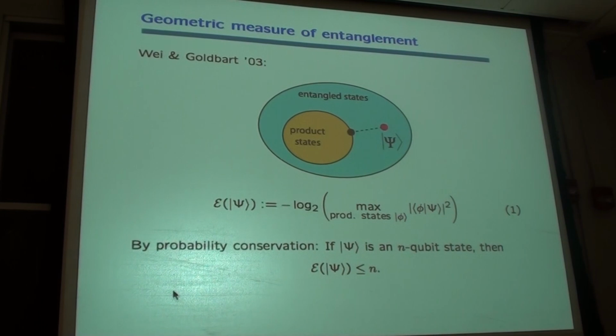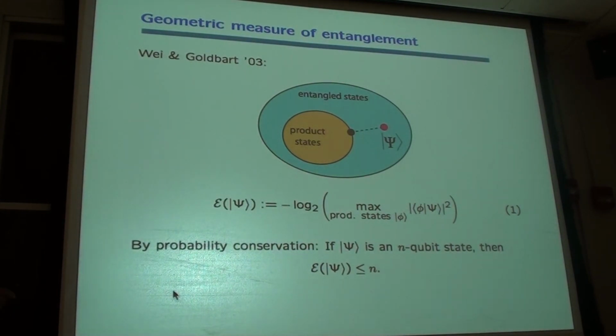So let me start out by defining the entanglement measure that we're using. I will not show you that it is an entanglement measure, that it has all the properties you need for an entanglement measure, but you can look that up. So here is a definition of what it is. Here's a quantum state, psi living somewhere in Hilbert space, and you want to compute its geometric measure of entanglement.